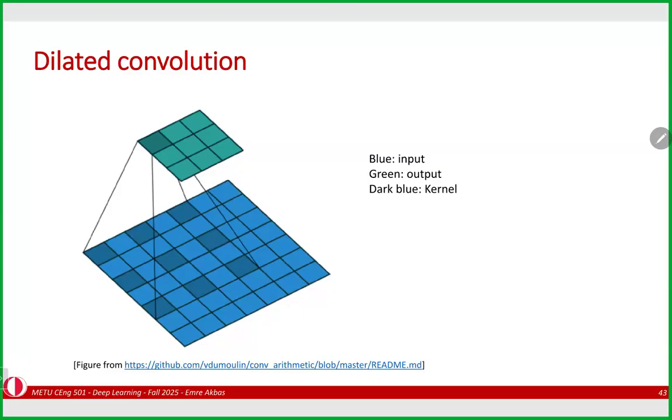Here, the blue color indicates the input, green color is the output, and the dark blue locations are the kernel. As you can see, the kernel pixels are separated by 1 pixel. So they are 1 pixel apart. So they are dilated, okay? It's still a 3x3 kernel, but it covers a 5x5 area.